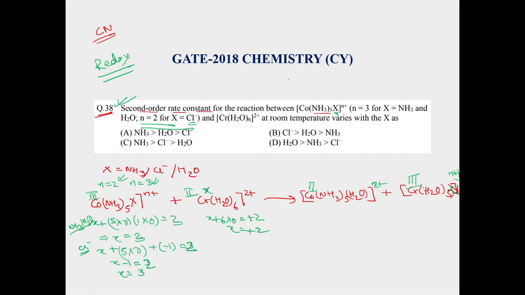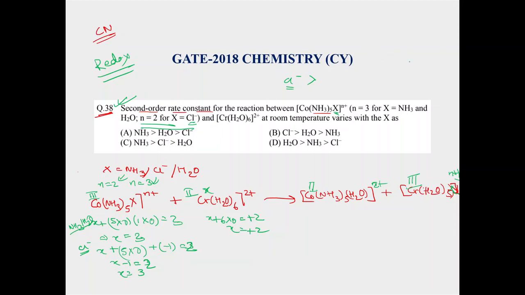So for the Cl minus case, the reaction will be fastest. When Cl minus is X, by the inner sphere mechanism the bridging ligand transfers the electron from one complex to the other metal complex, and it is fast. But for H2O and NH3, it is not the case. They are not bridging ligands.